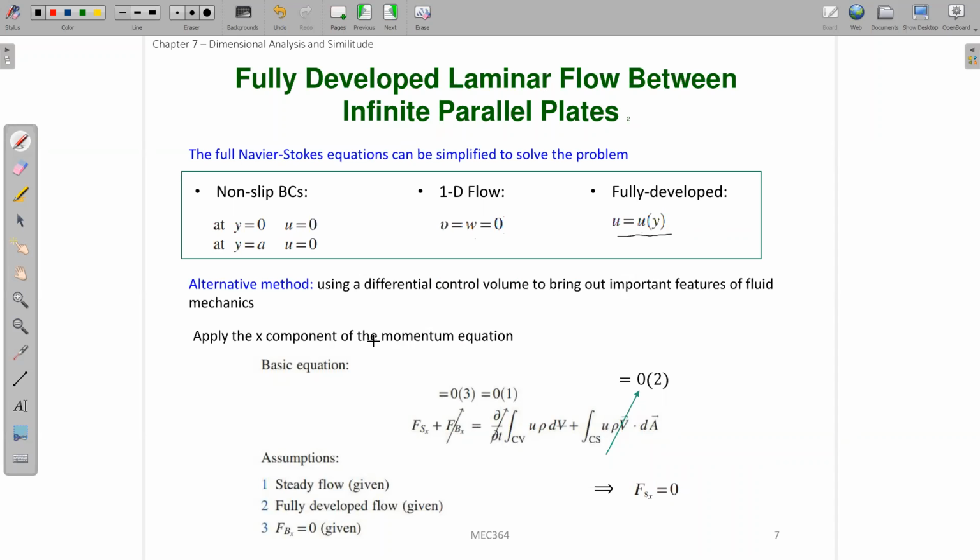Remember, we have two methods to solve the problem. The first method is starting from the Navier-Stokes equation with this simplification and this boundary condition, and you can solve that equation directly to find what the function u(y) will be. And the second way is the textbook method, which we will go through in detail.